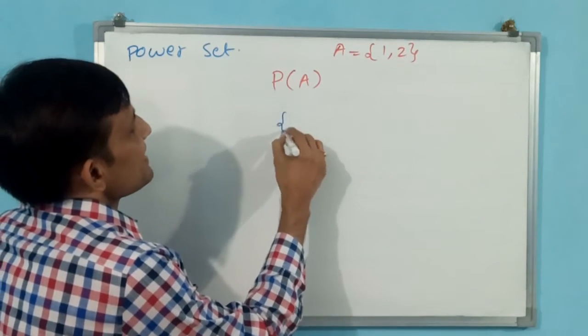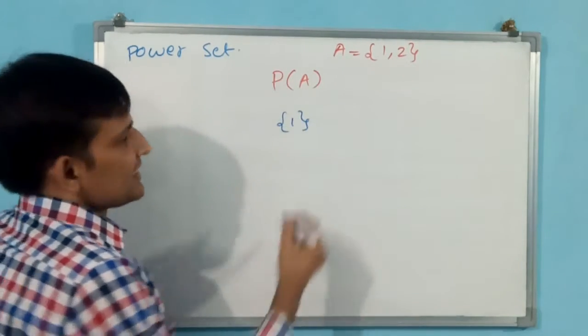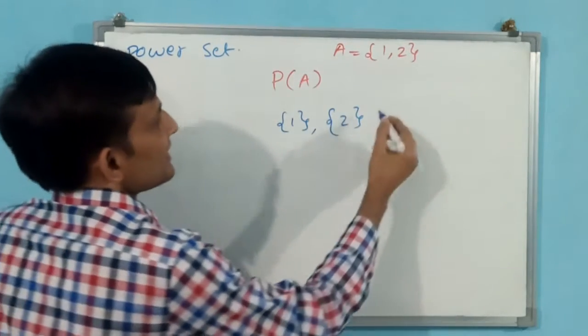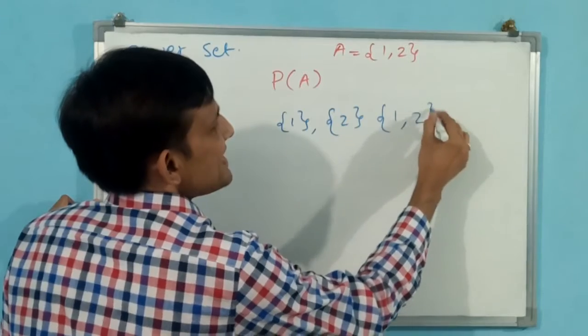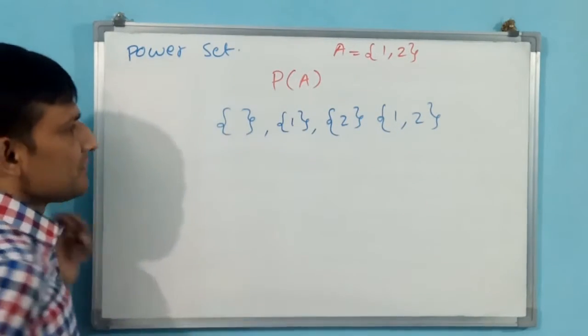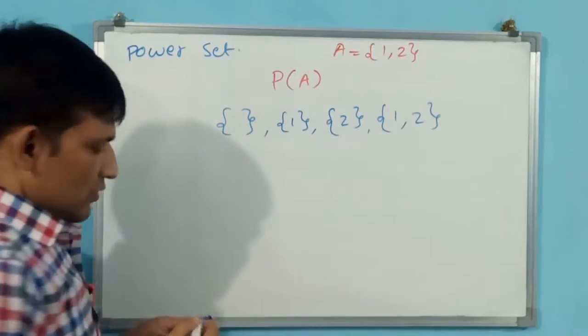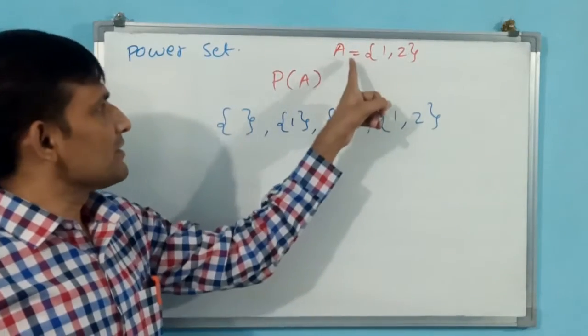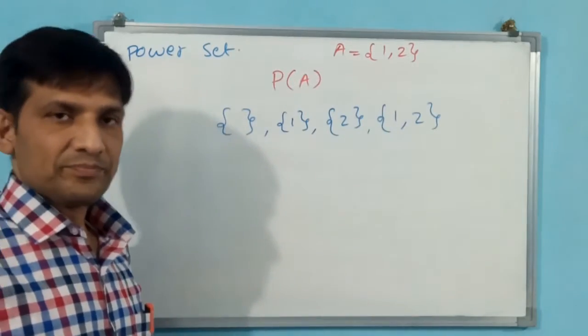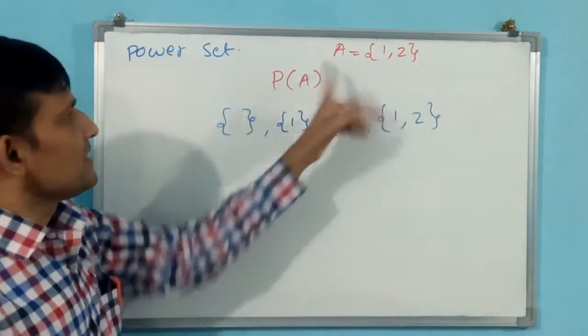I will write the set {1}, I will write the set {2}, I will write both, {1, 2}. I will write the empty set also. Do you accept that all these are subsets of this set?